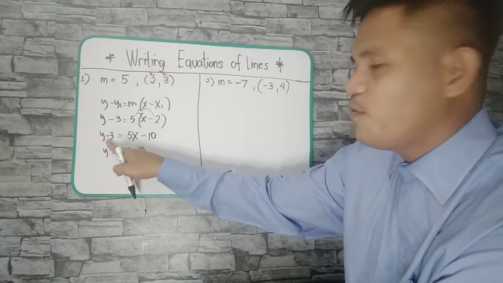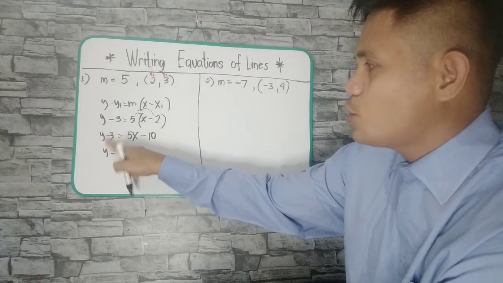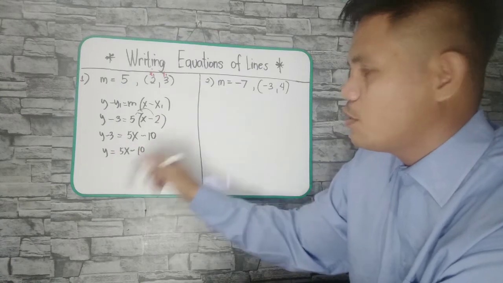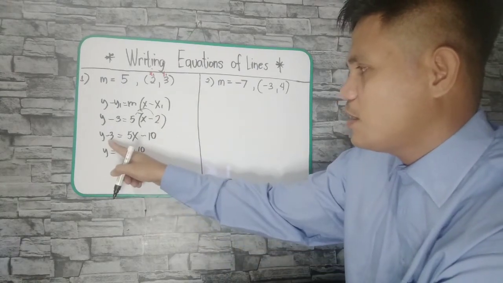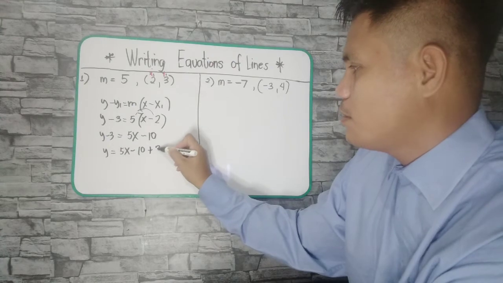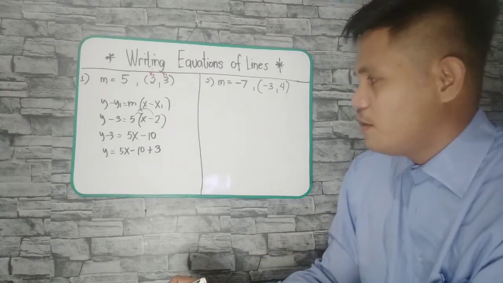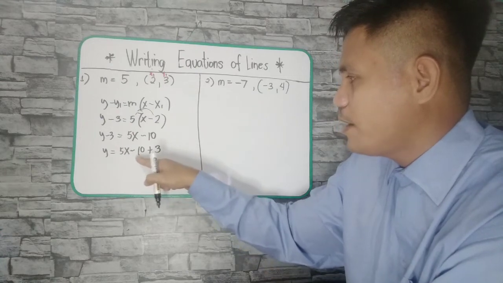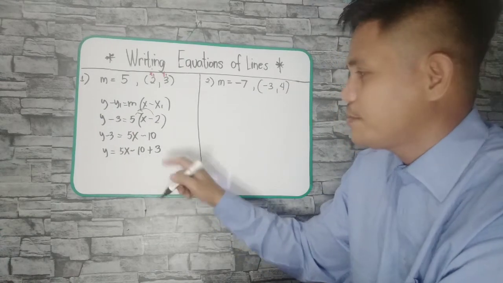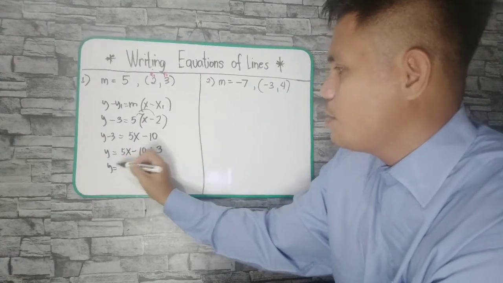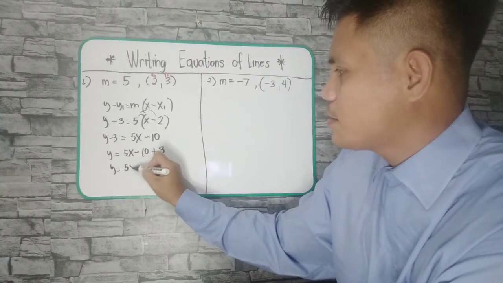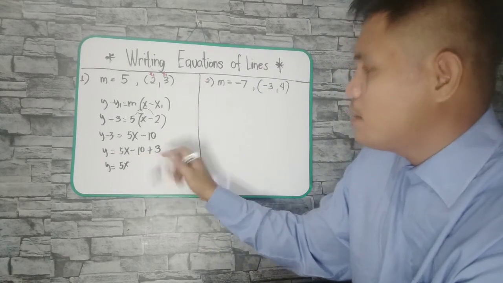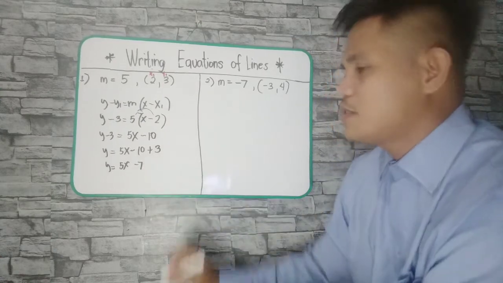So this is negative 3 and we are going to transpose it. Remember, when we are transposing any variable or number, you have to change the sign. Since this is negative, it will become positive 3. In this part, we have to combine negative 10 and positive 3. That will give you y is equal to 5x, negative 10 plus 3 is negative 7.